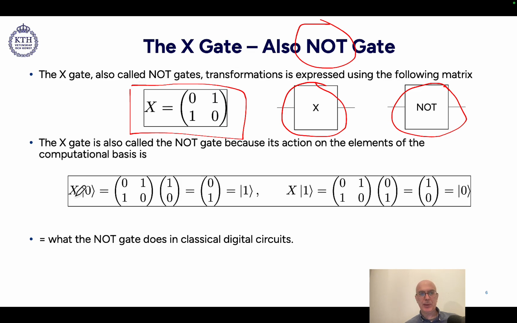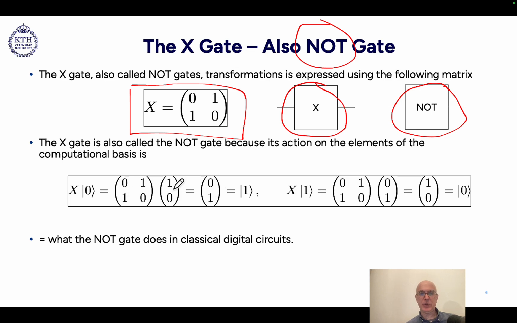Well, if we apply this matrix to the ket 0 that is represented by this column vector, this is multiplied by 0, this is 0 multiplied by 1, 1 by 0, so the first element is 0. Then if you take the second row and multiply by the column, we get 1 plus 0 multiplied by 0, so it is 1.